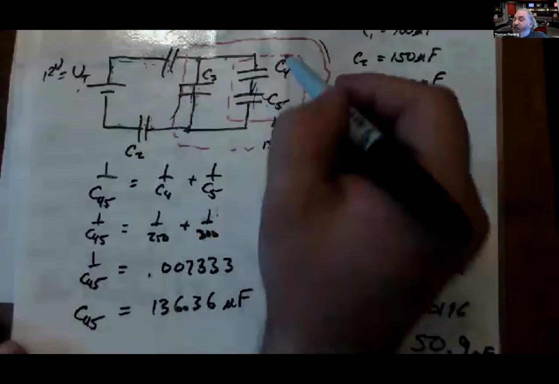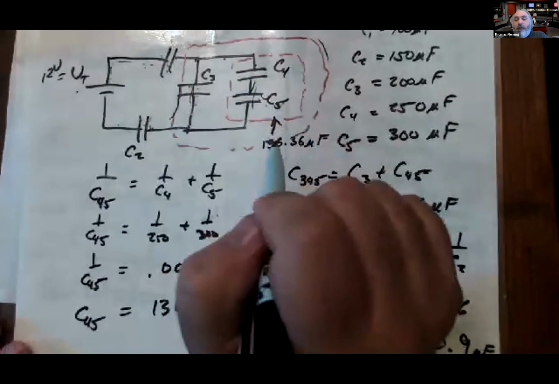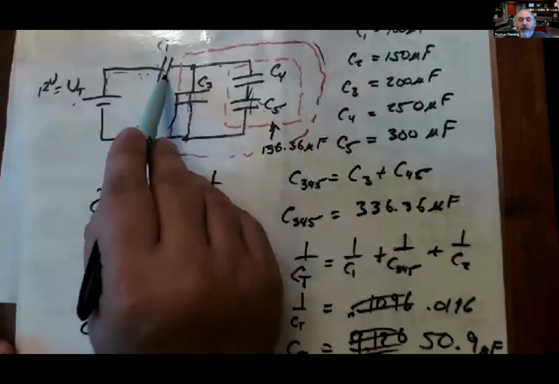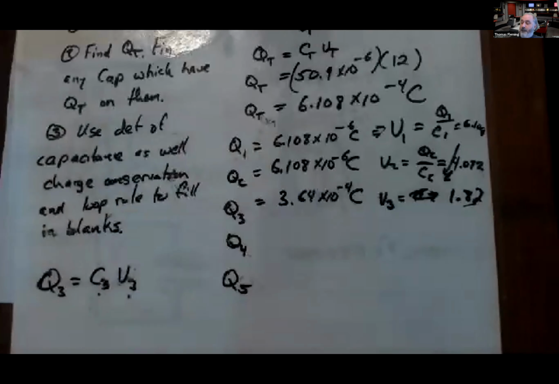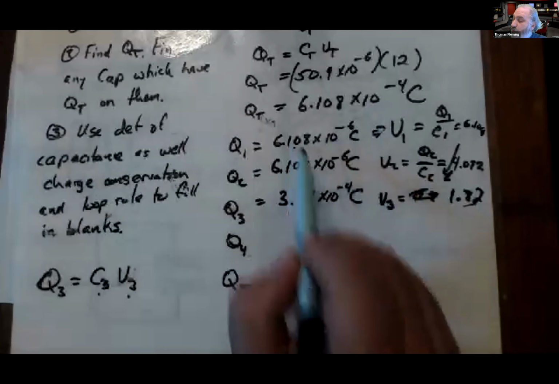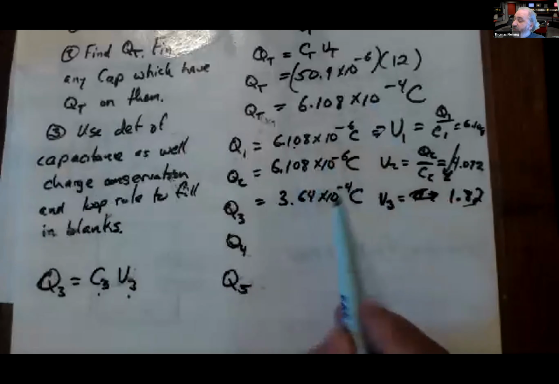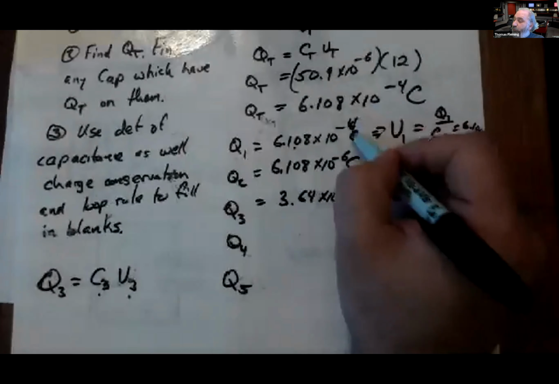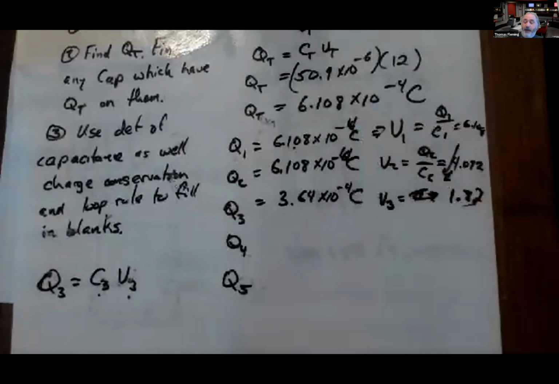So to get C4 and 5, all I have to do is subtract the Q3 from Q1. So Q1 was this, Q3 is this. If I subtract this and this, that's a 4, not a 6. I was like, that can't be right.